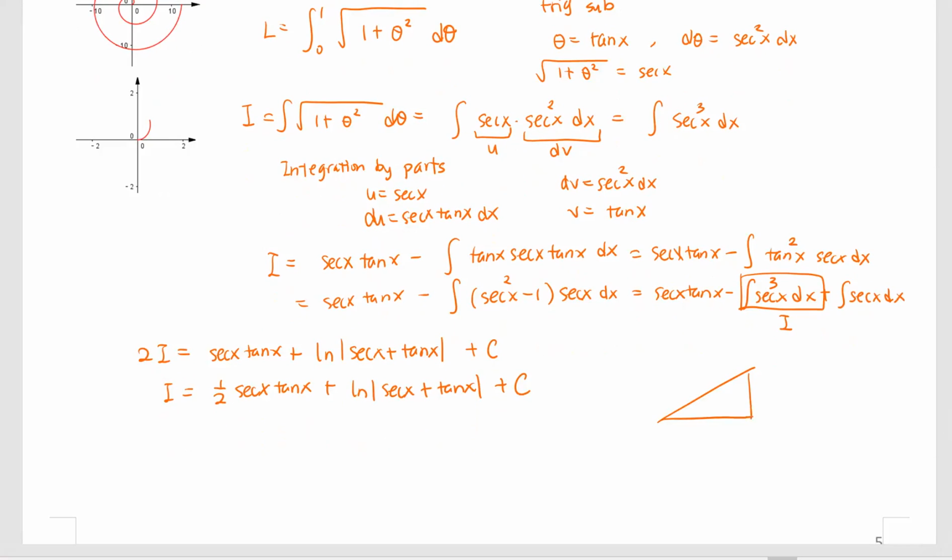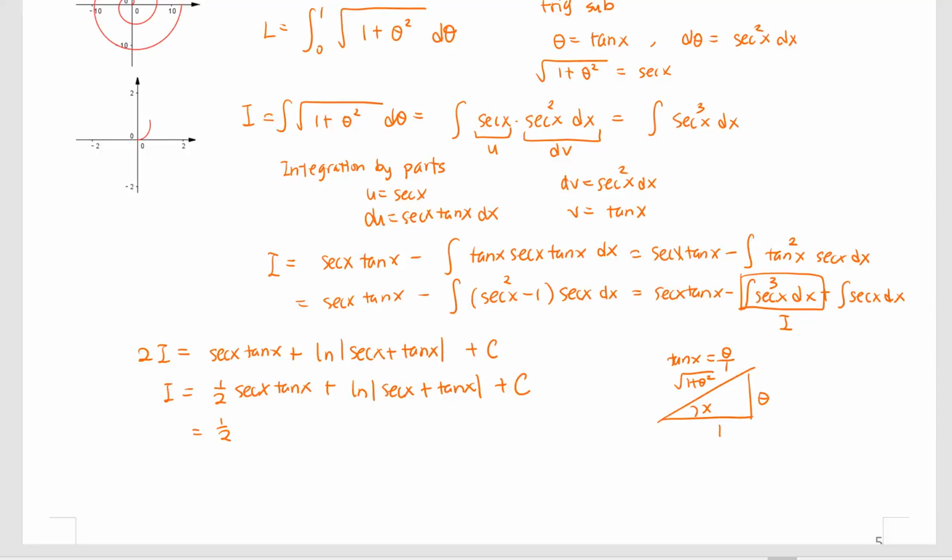Well, remember tangent x is theta over 1, so the angle is x. Opposite is theta, adjacent is 1, then the hypotenuse is the square root of 1 plus theta squared. Okay, so we get 1/2 secant.